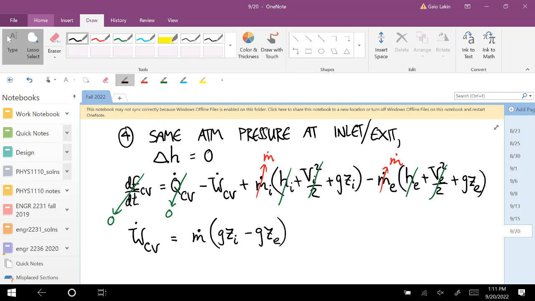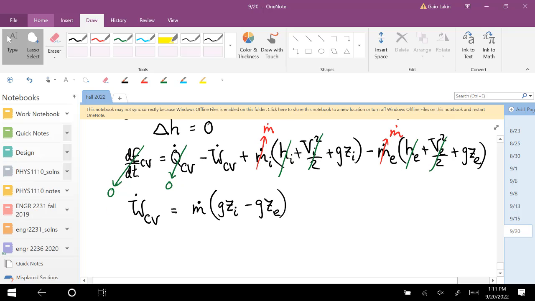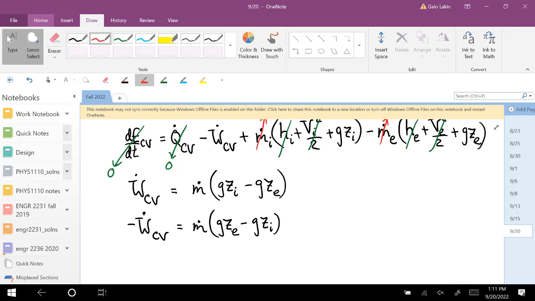And again, like the compressor, this is a case where power is coming in, and so I'm going to make these negative. So negative W dot is equal to m dot times the quantity g ze minus g zi. And now both of those two sides are positive.